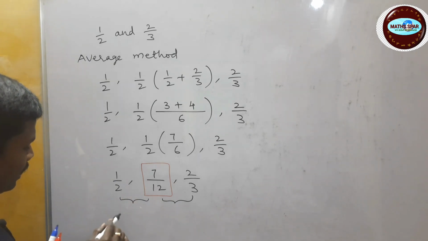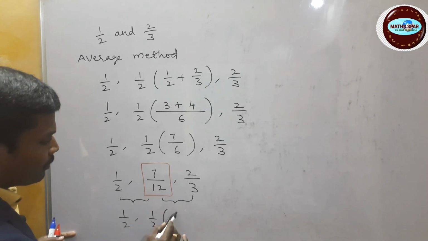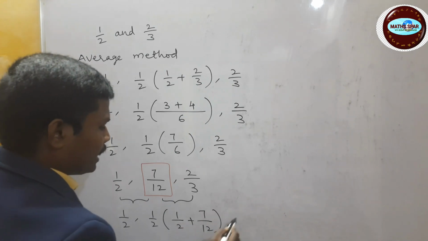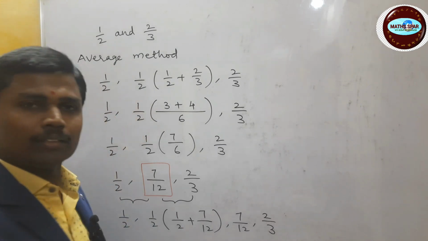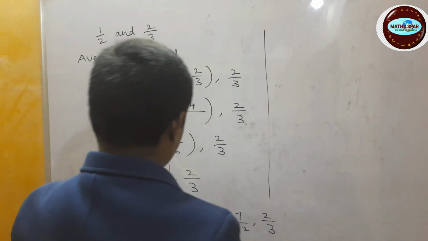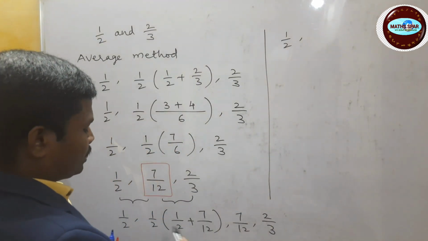Let us look ahead. Half of the sum of 1 by 2 and 7 by 12, then 7 by 12 as it is, and 2 by 3. Then we find the LCM of the denominators.